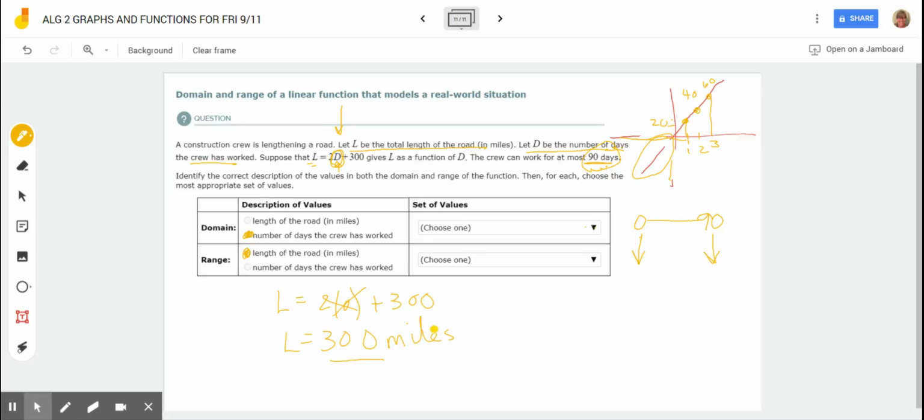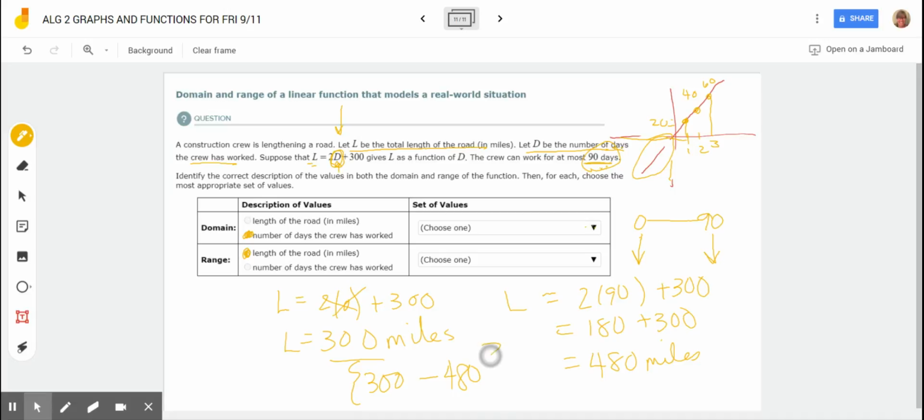Now we plug in the 90. 2 times 90 plus 300 is 180 plus 300, which gives 480 miles. So your range is going to go from 300 to 480.